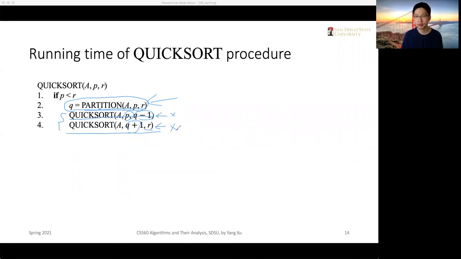It totally depends on the input sequence and on the pivot element that we choose. By default, the pivot is the last element in the input sequence. Remember, in the partition procedure, we use the element A[R] as our pivot. If that element has a different value, then the result of the partition procedure would also be different.